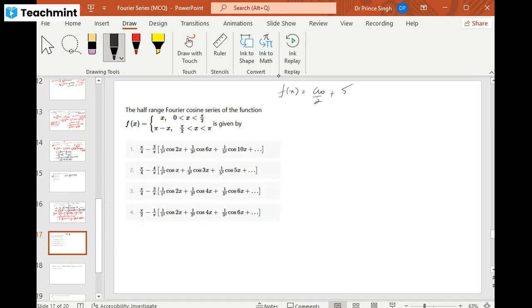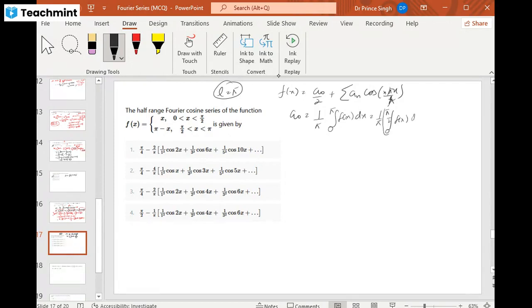And what is the formula of a naught? 1 upon L, because here L is pi, integral from 0 to L, that is 0 to pi, of f of x dx. But because this function is discontinuous, I am considering it as integral 0 to pi by 2 of f of x dx plus integral pi by 2 to pi of f of x dx.